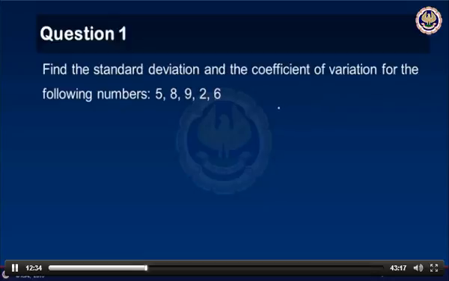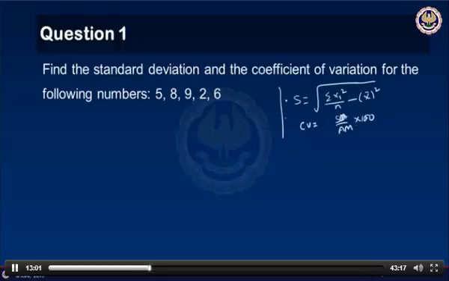The standard deviation is equal to the square root of (summation of xi square by n minus x bar whole square), and the coefficient of variation CV equal to standard deviation by arithmetic mean into 100. These two formulas are very important here.